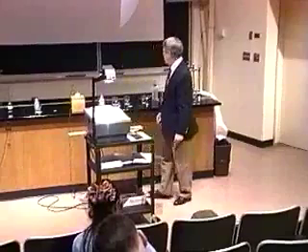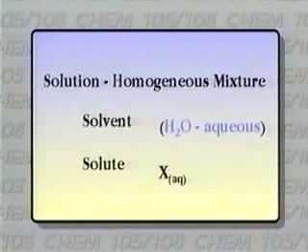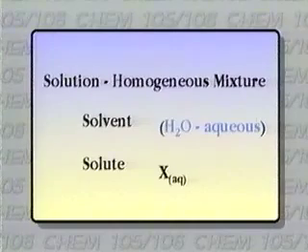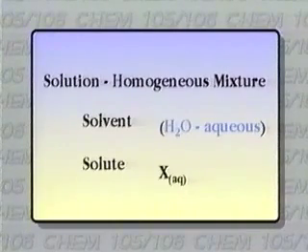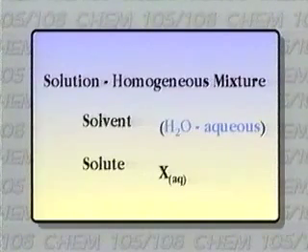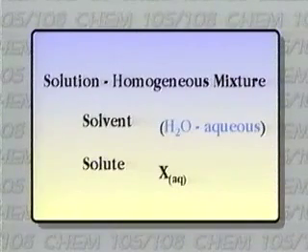Homogeneous mixture that makes up the solution, then we have two components, and the first of these components we call the solvent. And usually, by definition, the solvent is merely the component of the mixture in the greatest amount. We could talk about it as being the material dissolving or the material being dissolved, but that gets us into difficulty sometimes when we're talking about solutions made up of, say, two liquids.